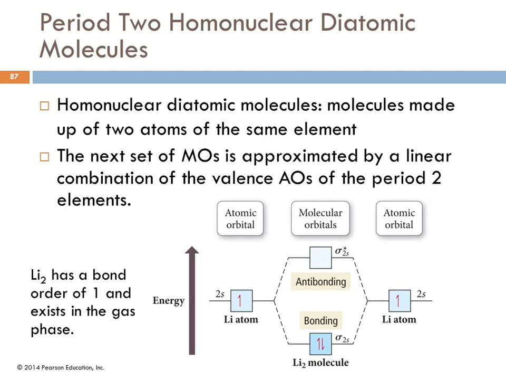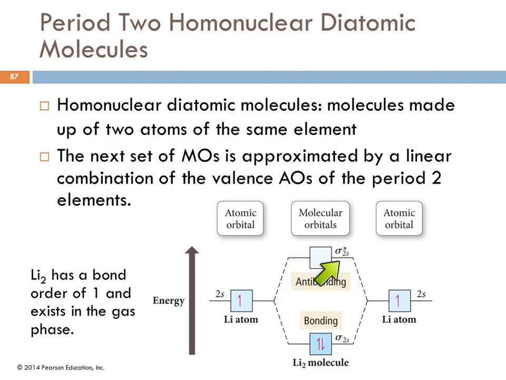So for lithium, lithium has the 1s2 as its core electrons. The core electrons are not involved in bonding. It's the valence electrons. So lithium's valence electron is in the 2s orbital. So here's 1 lithium atom, here's the other lithium atom. When we combine these 2s orbitals, again we get a bonding and an antibonding orbital.